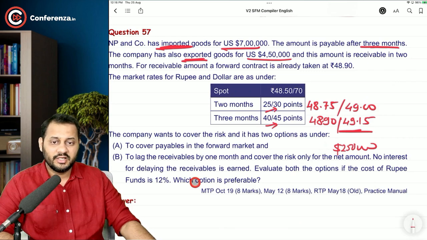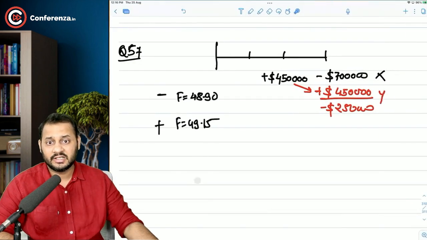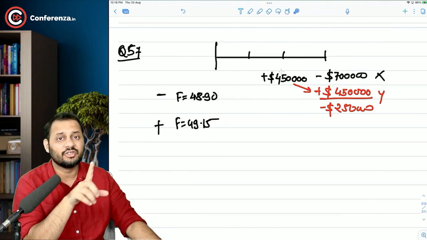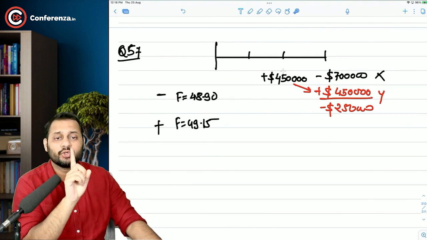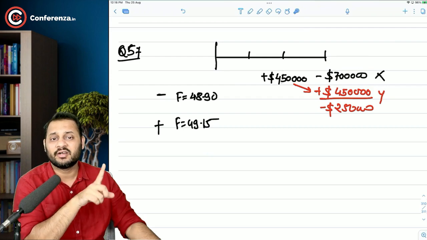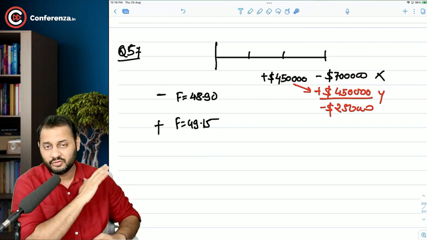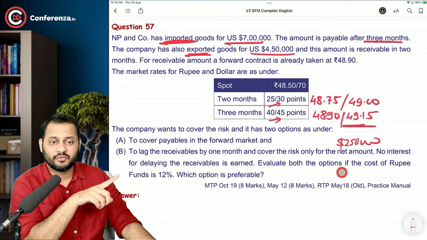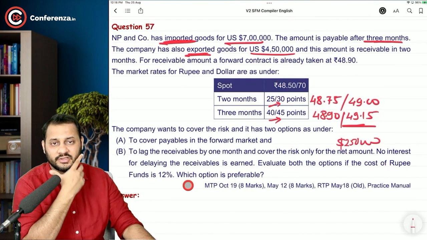No interest for delaying the receivable is earned. Understand that we are asking the customer to delay the receivable. He is not responsible for delaying, so he is not going to pay any kind of interest on $4,50,000. No interest.